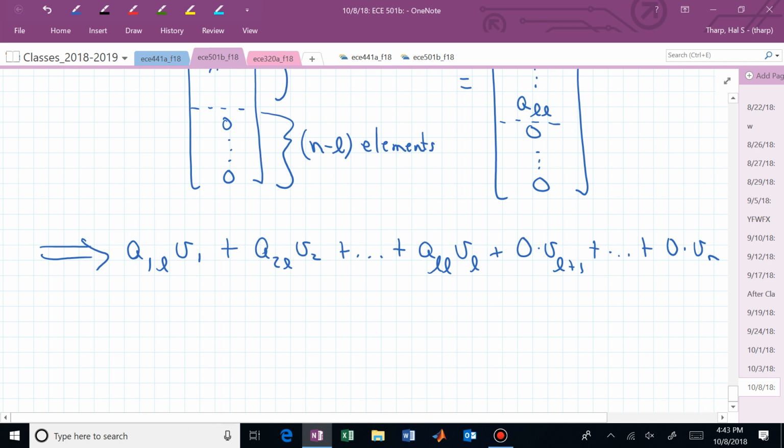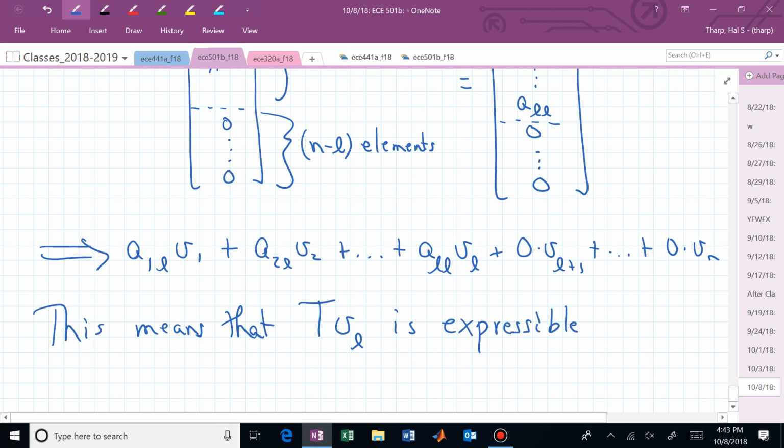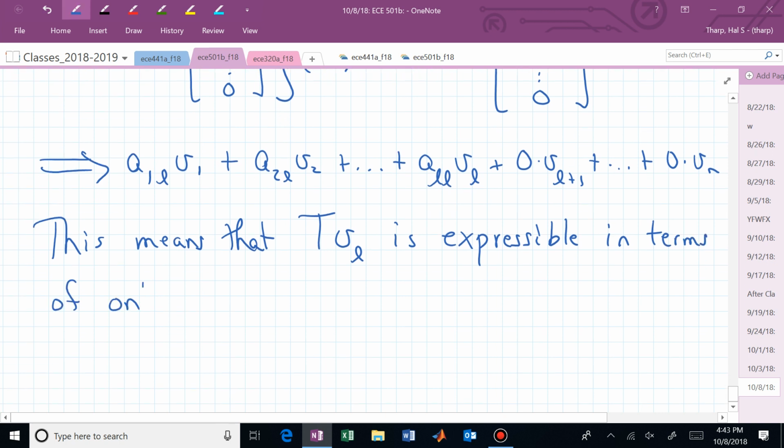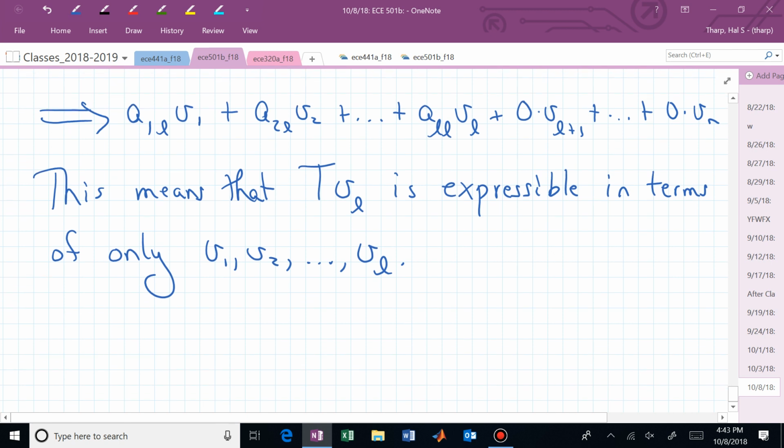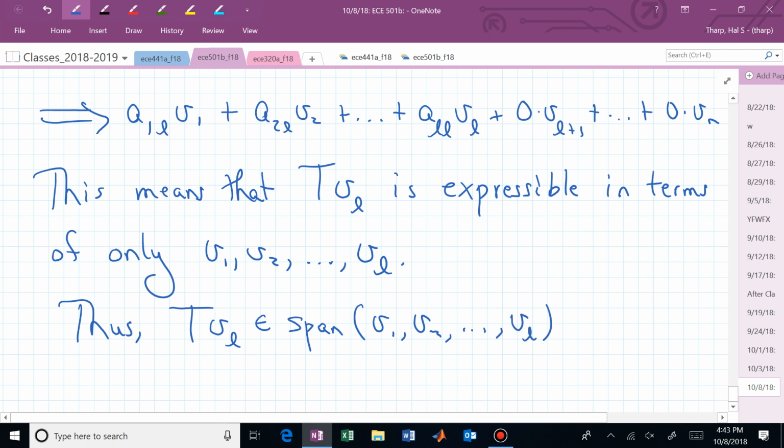A linear combination of V1, V2 up to V sub L. And that's statement B. So this means that T v sub L is expressible in terms of only V1, V2, V sub L. Or that now says that T v sub L is an element of the span of V1, V2 up to V sub L. And that's true for any L.